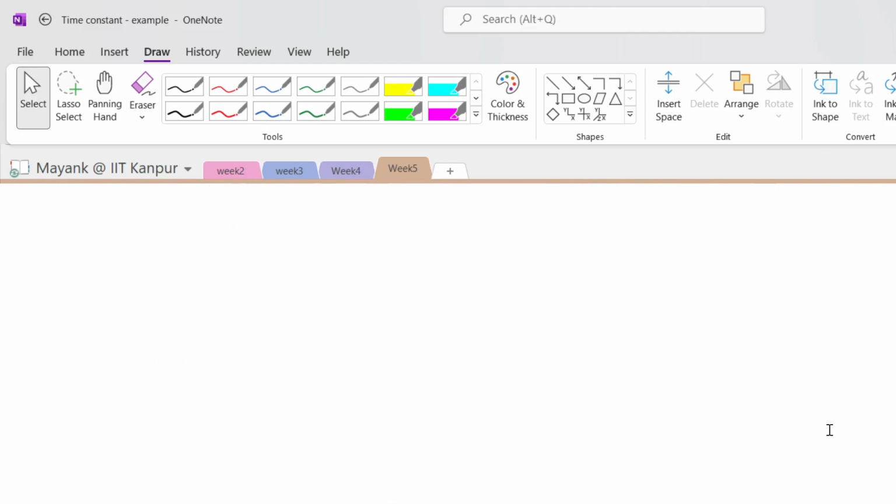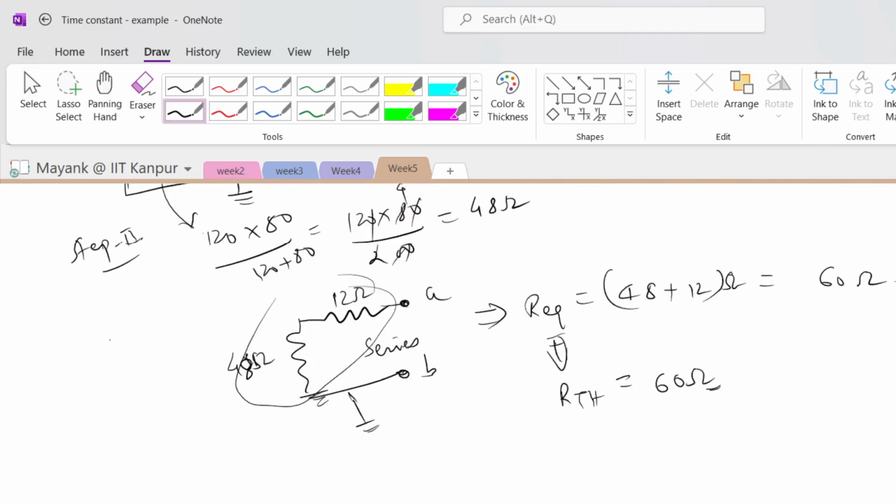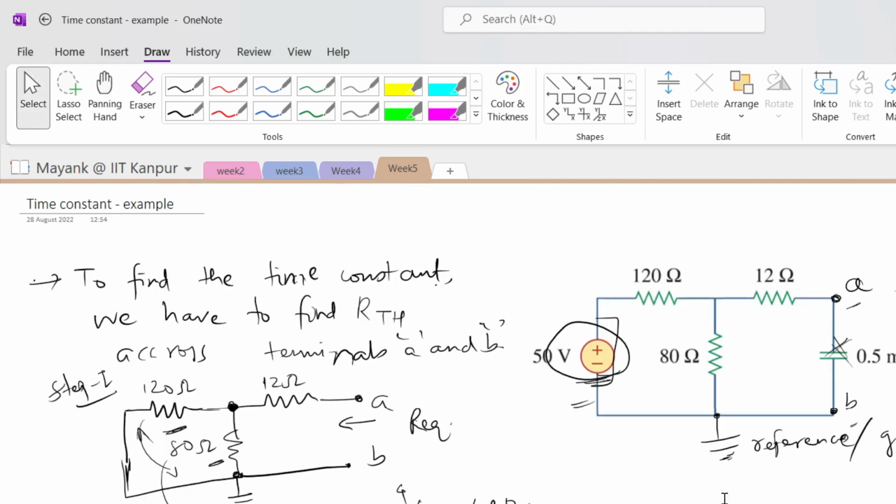You remember that, step 3, the time constant is equal to R Thevenin times C, right? So in this case, what is R Thevenin? It's 60 ohms, into what is the capacitance C?